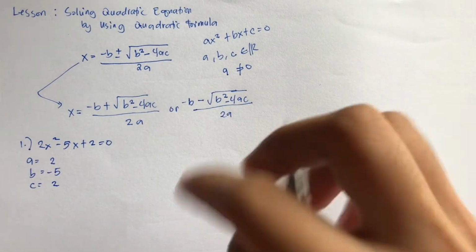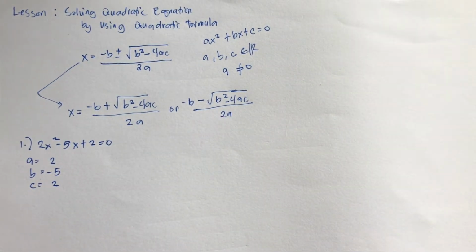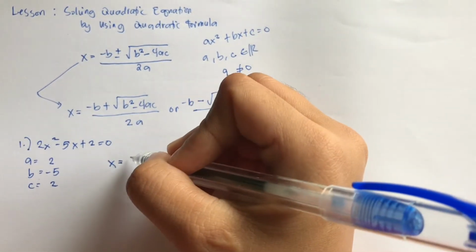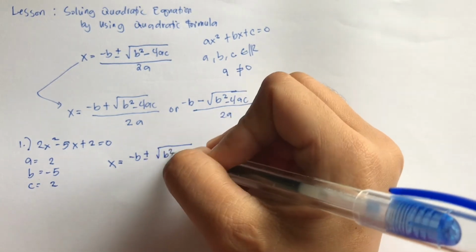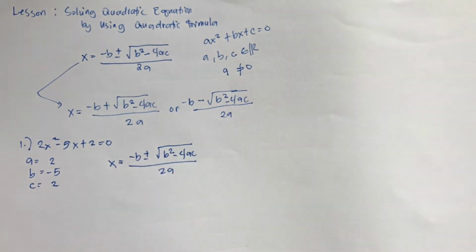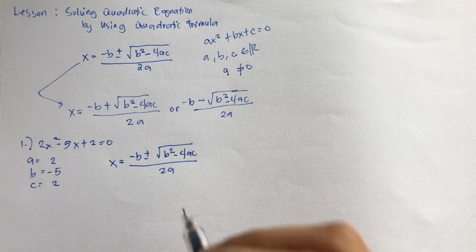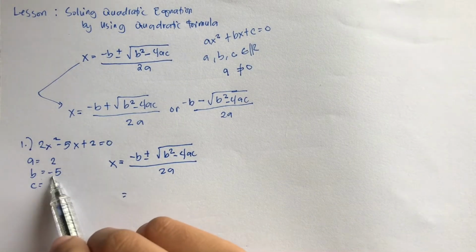So after getting the values of these variables, we go straight to substituting into the formula. The formula again is given by x is equal to negative b plus and minus the square root of b squared minus 4ac all over 2a. After that, we substitute the values and then simplify. So what's the value of our b again? That is negative 5.